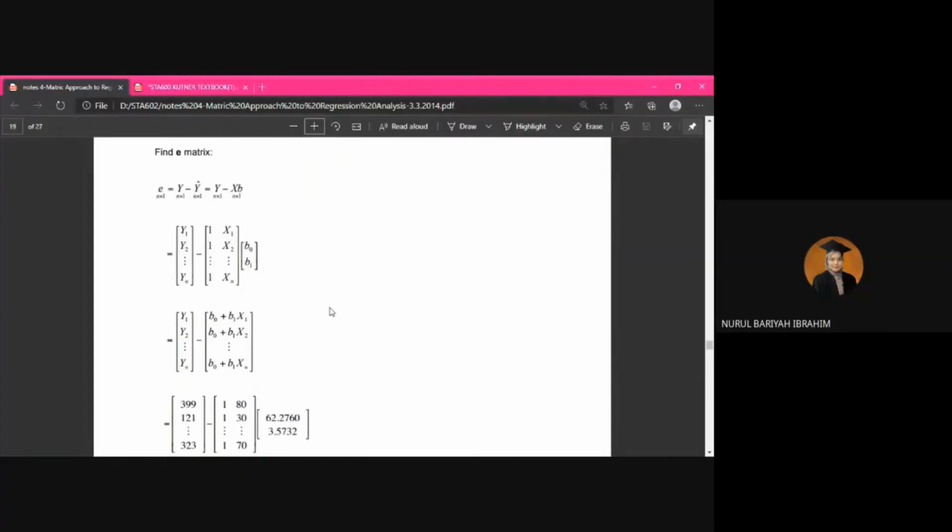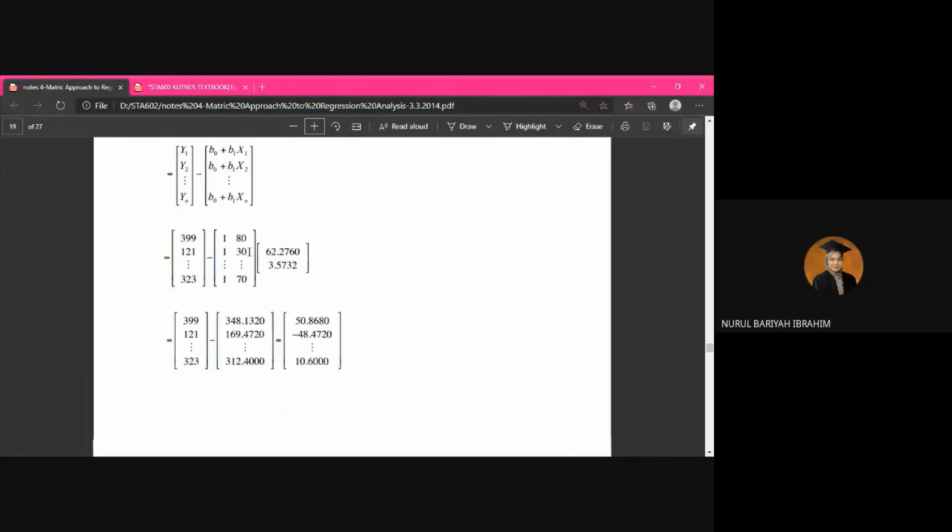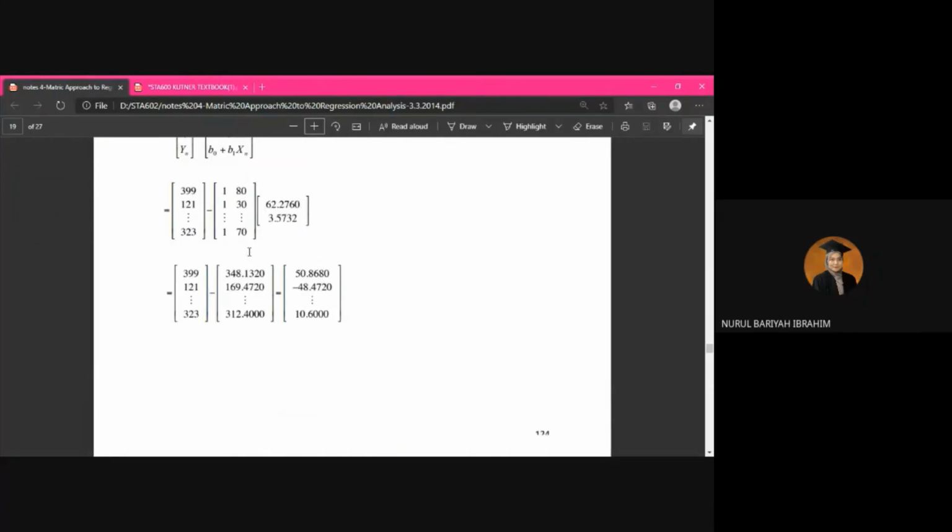This column is the values of Y hat: Y hat 1, Y hat 2, until Y hat 25. To get the E matrix, you know that it is Y minus Y hat, which is X beta. Lastly, you get this: this is matrix Y, the original data values, minus Y hat, which is matrix X multiplied by matrix beta. Lastly, you get this value. This is the list of your residuals, from the first until the 25th residual.